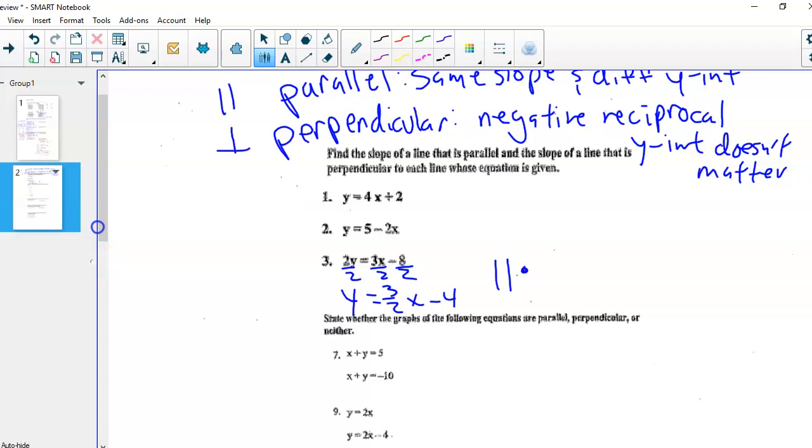For our parallel slope, we said that was the same, so it was 3 over 2. Remember that symbol means parallel, not an 11. For our perpendicular slope, what would that be? Negative 2 over 3. Remember, one has to be positive, one has to be negative, and then you also need to flip the fraction.